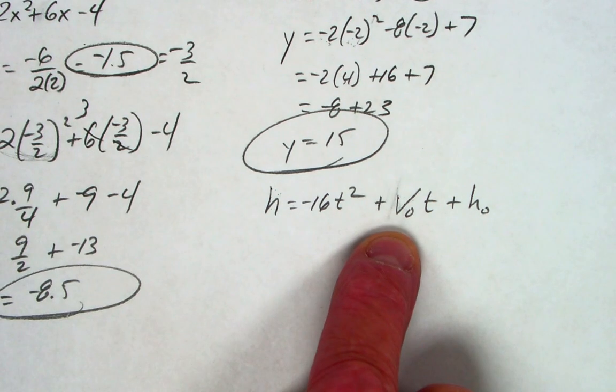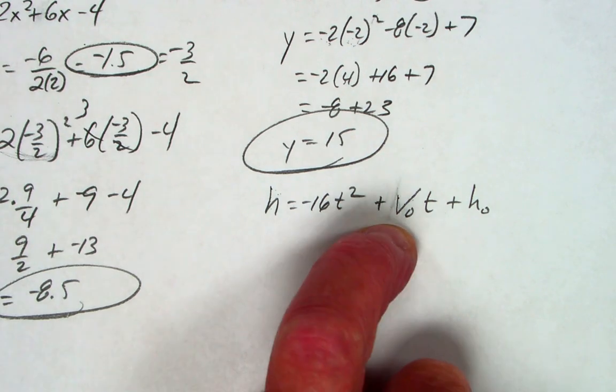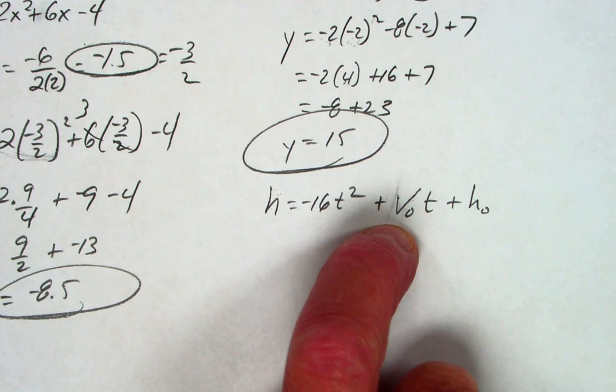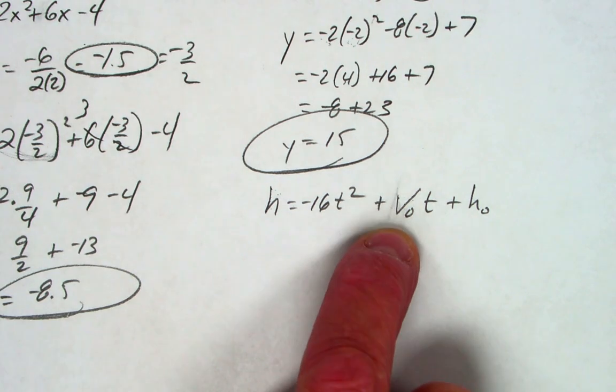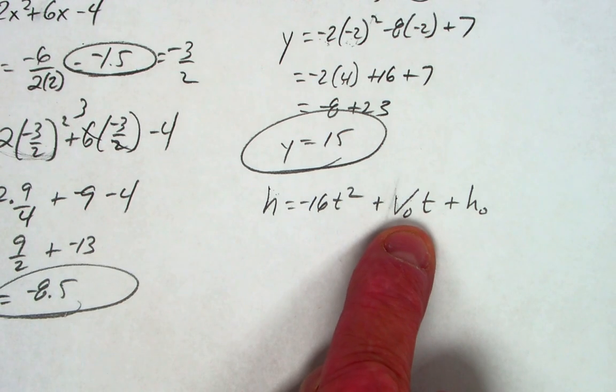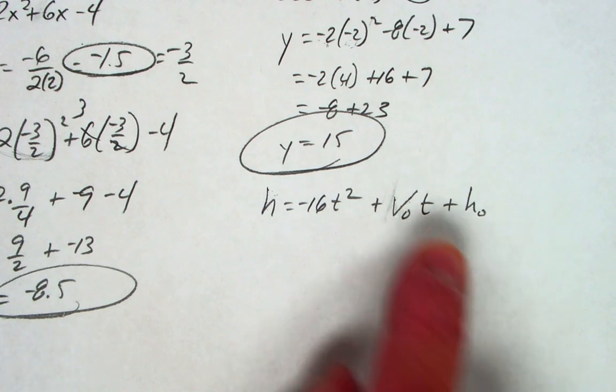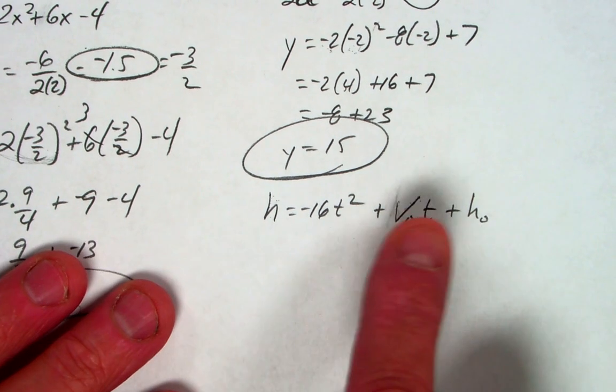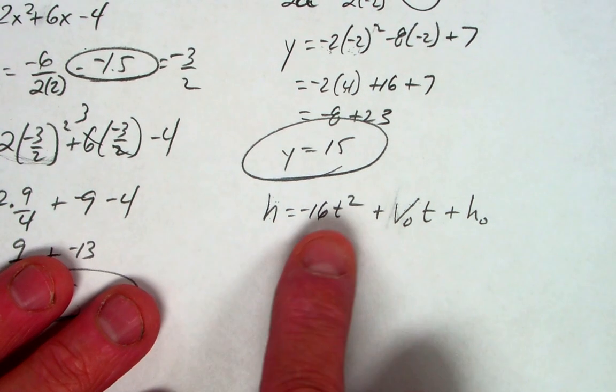Upward if it's positive, downward if it's negative. So if I throw something upwards, my velocity is going to be positive. If I spike a volleyball downwards, my velocity is going to be negative. But that v sub 0 is, again, when I start the clock, when the time is 0, because my velocity always changes. So this is adding to my height, and this is most likely adding to your height. What do you think subtracts from your height of an object?